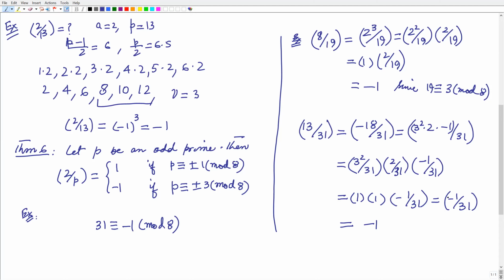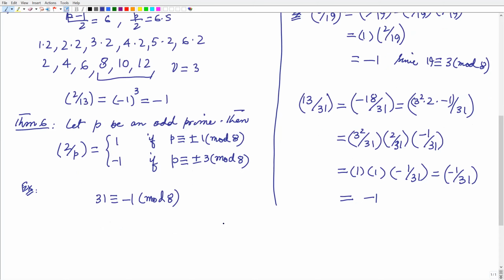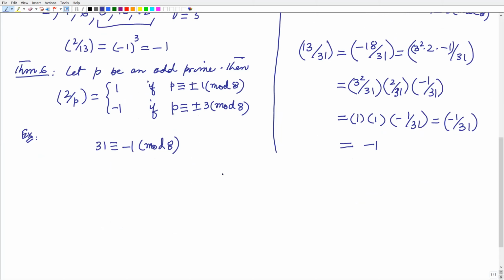Why is the Legendre symbol of minus 1 over 31 equal to minus 1? Because we have already discussed that the Legendre symbol of minus 1 is minus 1 to the power p minus 1 over 2. Here p is 31, 31 minus 1 is 30, 30 over 2 is 15, so minus 1 to the power 15 is minus 1.